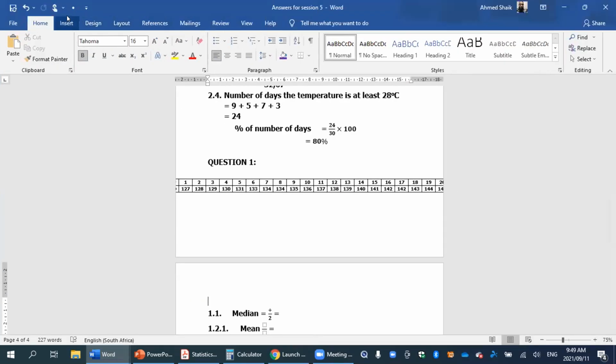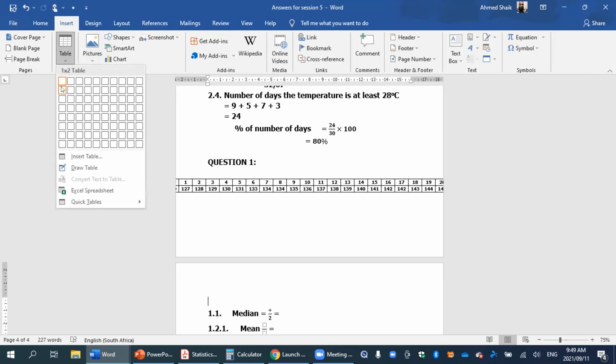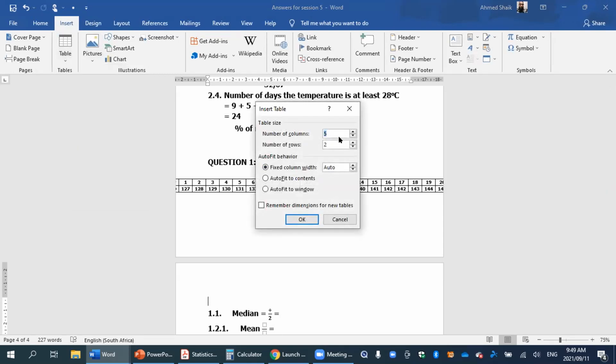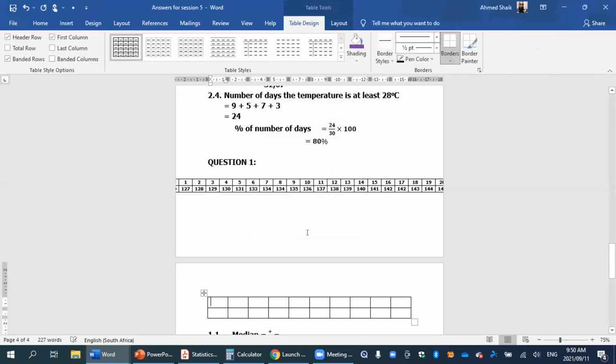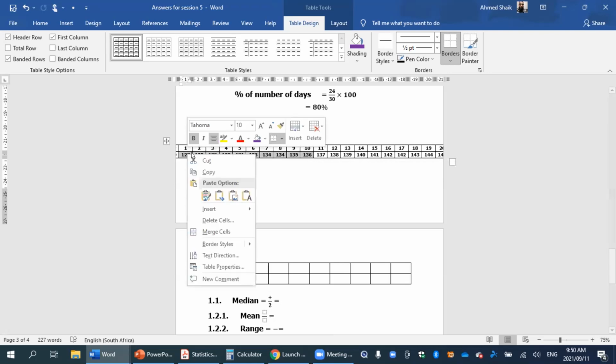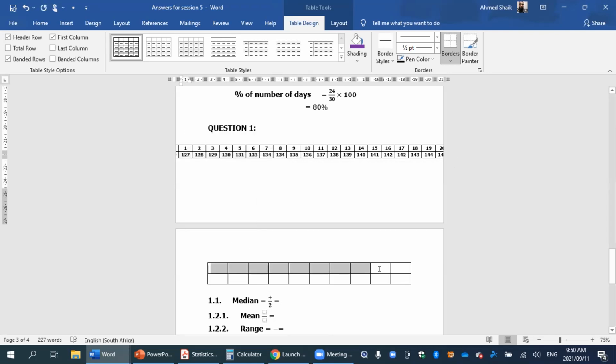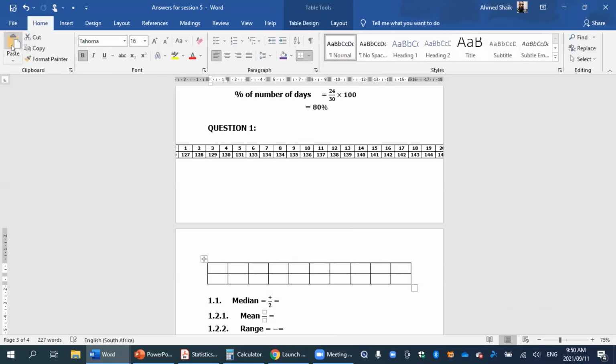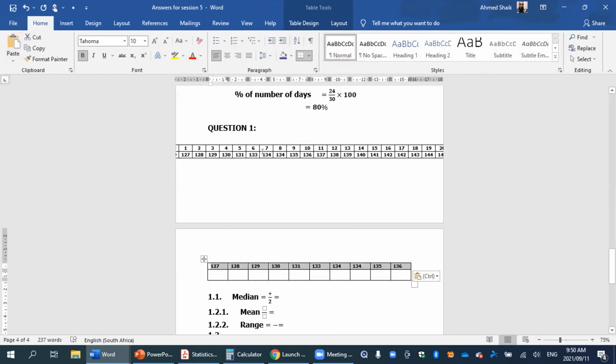Okay, so let's split that up to make it a little bit easier to see. So we've got 10. So first 10 values. Those were our first 10 values.